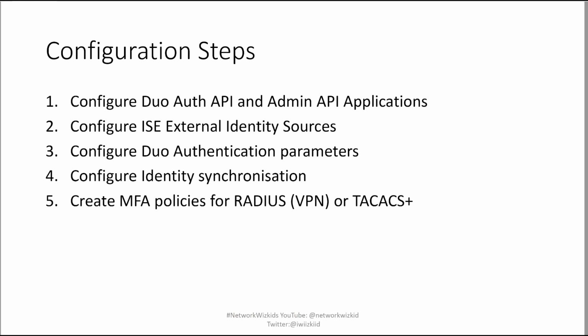Then we'd configure the Duo authentication parameters. Then we'd configure the identity synchronization, which we'll take a look at. And lastly, we finish off with the creation of the MFA policies for RADIUS, which is used for the VPN, or for TACACS for the device administration piece.